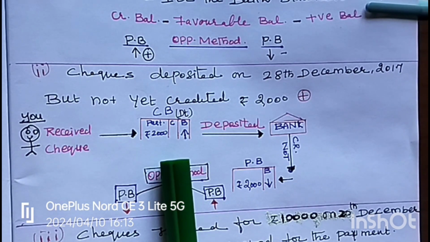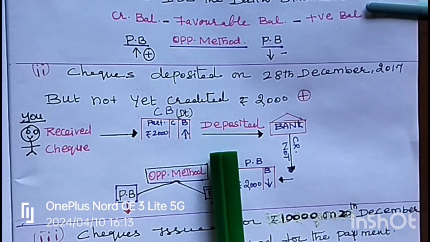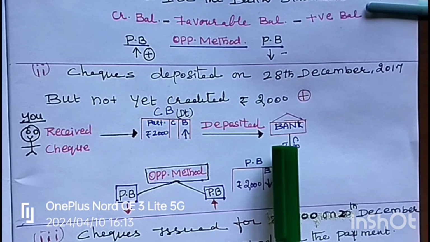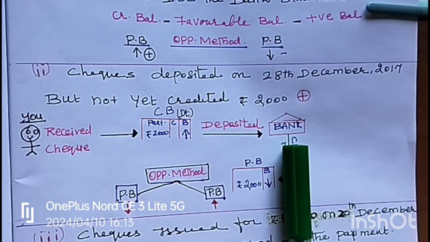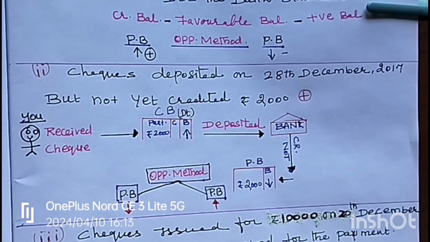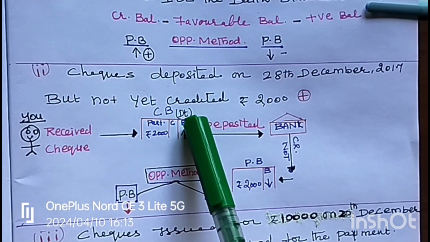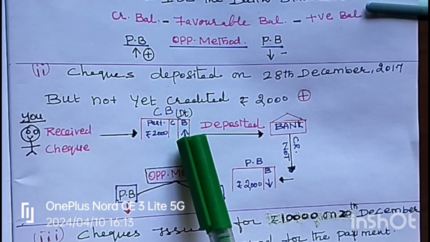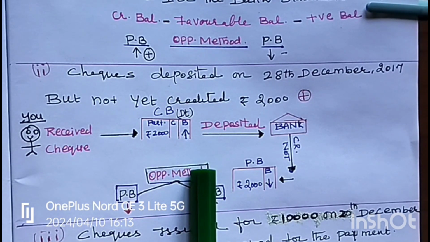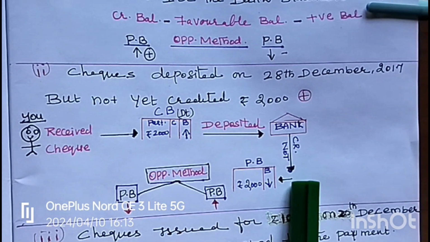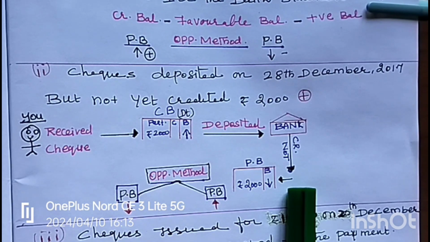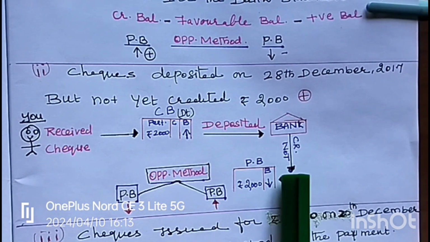After it is recorded in your cash book, then only you go to the bank and deposit that 2,000 rupees check into the bank. And then what happens in the bank? The deposited check is not yet credited. Why? Because it will take 2 days or 3 days or 4 days, even a week to clear the check. If the check is cleared only, it will be credited in your bank.